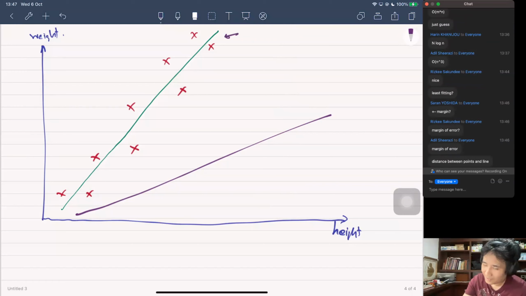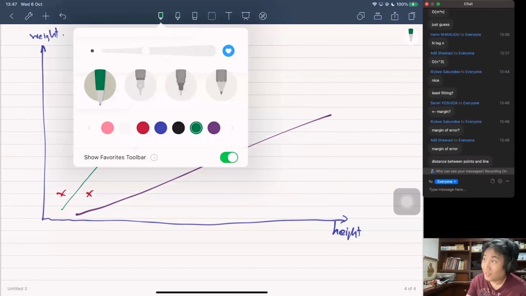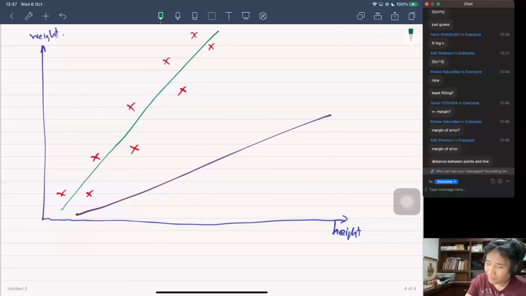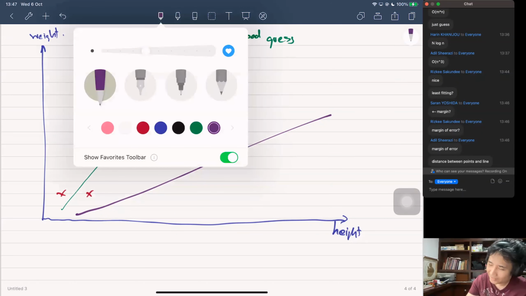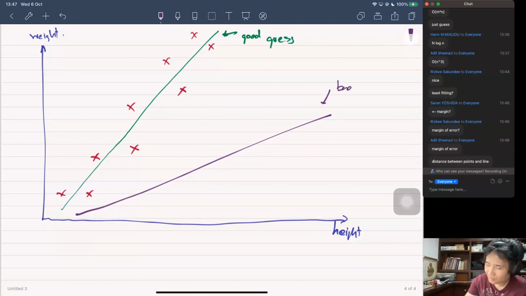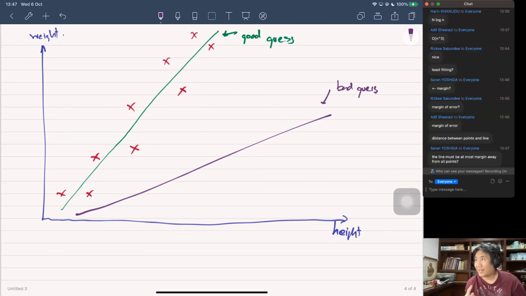Let me call this thing the distance between point and line. Very good. So this is a good guess, and this is a bad guess. Like Adil was suggesting, a good line is the line that is close to the points.